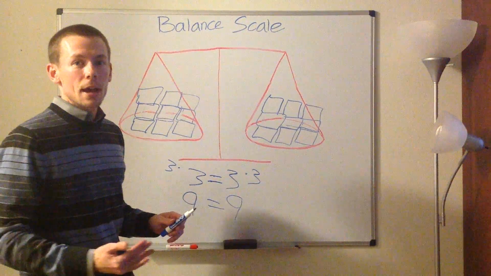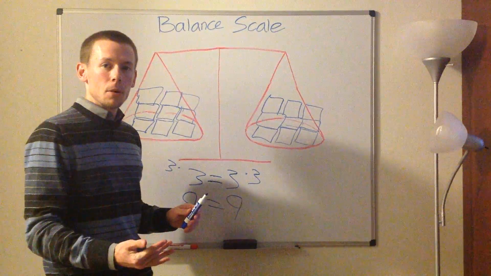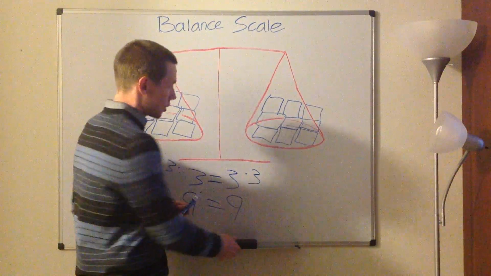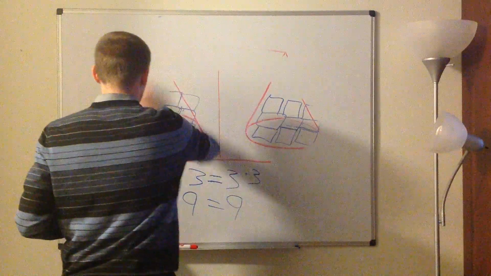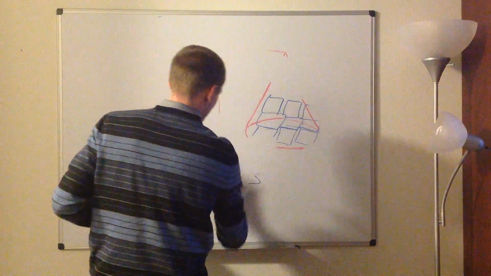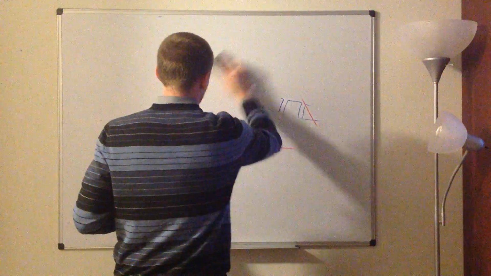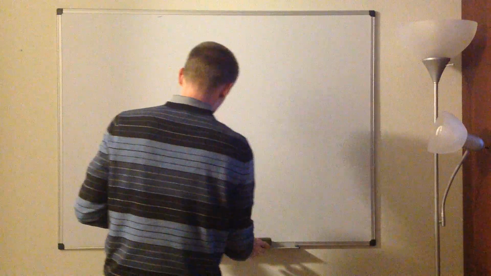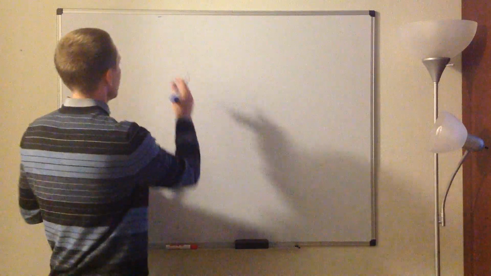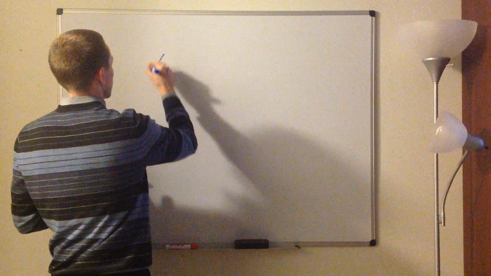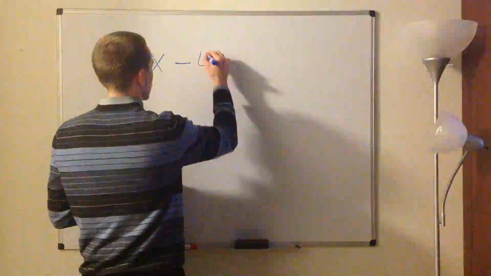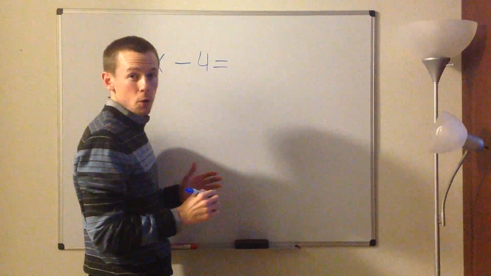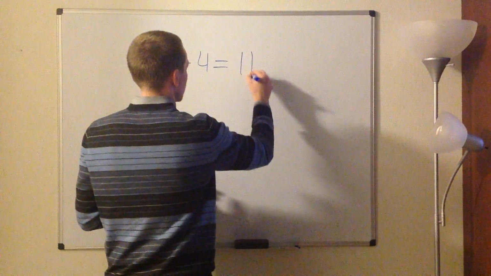So let me show you now an equation with a variable and how this is going to help us solve. So let's say I have some number minus 4 equals 11.